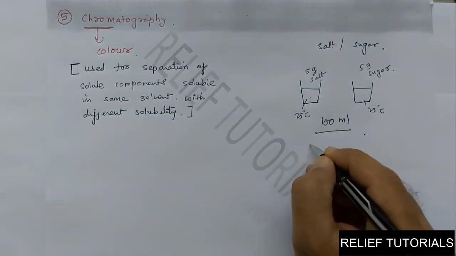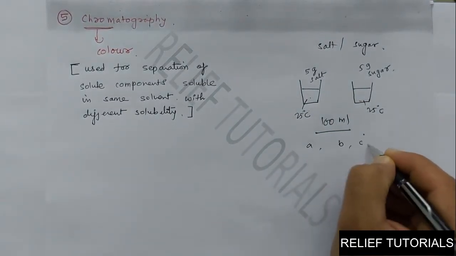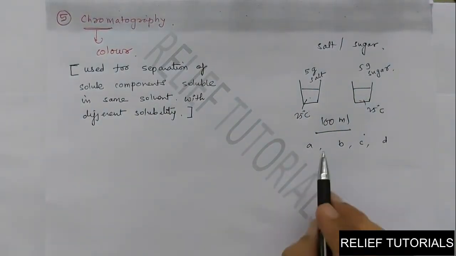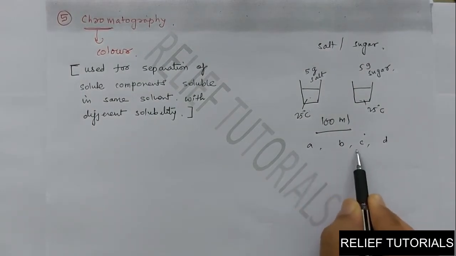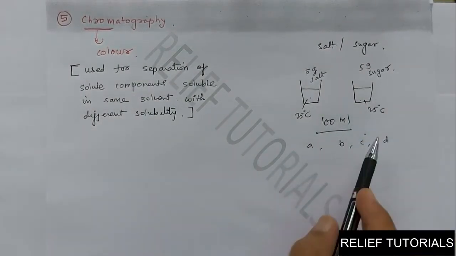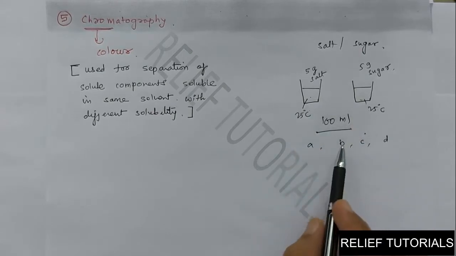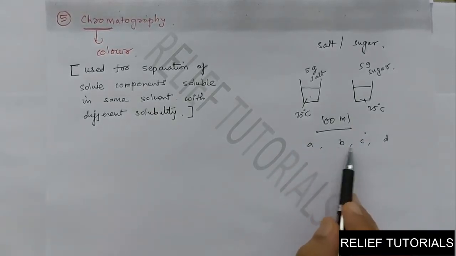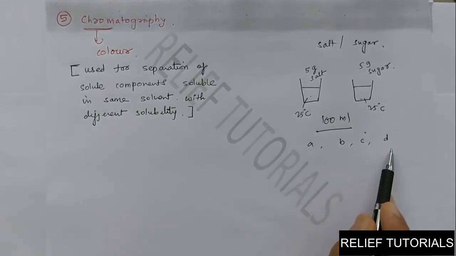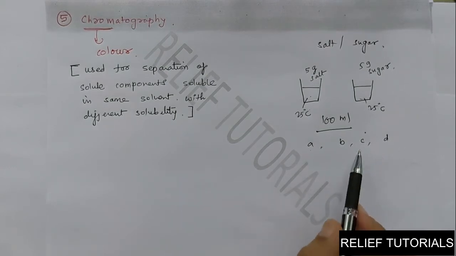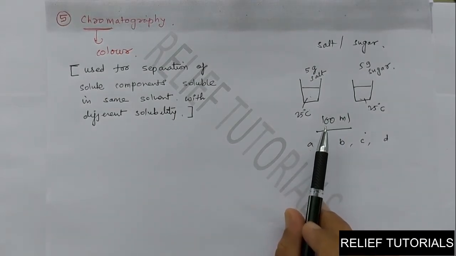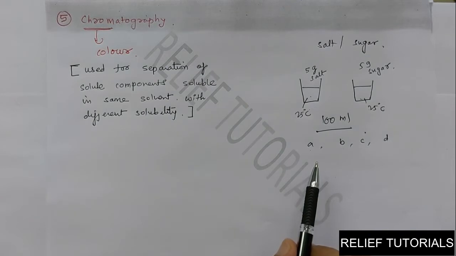So if you take 4 substances, A, B, C and D, which are soluble in the same solvent, water, what do you think? When you start to dissolve them, are they going to dissolve in the same time? Never.